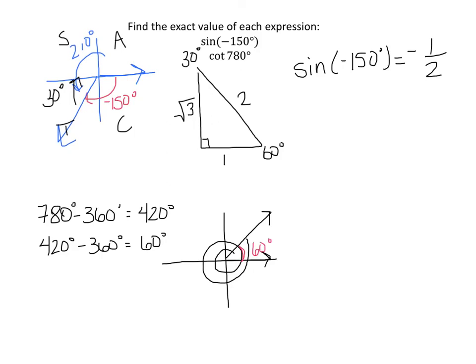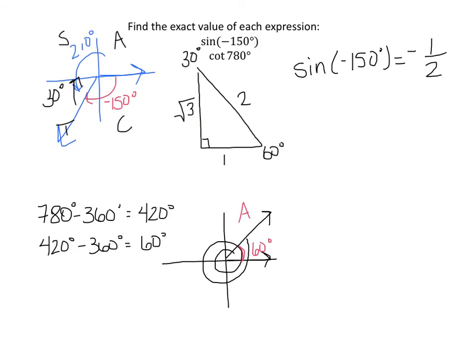Because this is a quadrant 1 angle, all of the trig functions are going to be positive. I can reference this triangle once again. I'm looking at the 60. We know that tangent is opposite over adjacent, so cotangent would be adjacent over opposite.